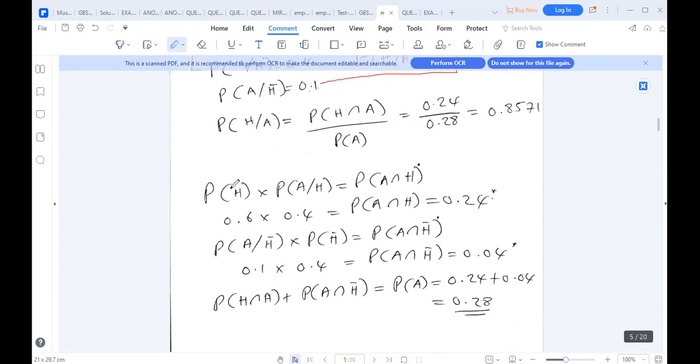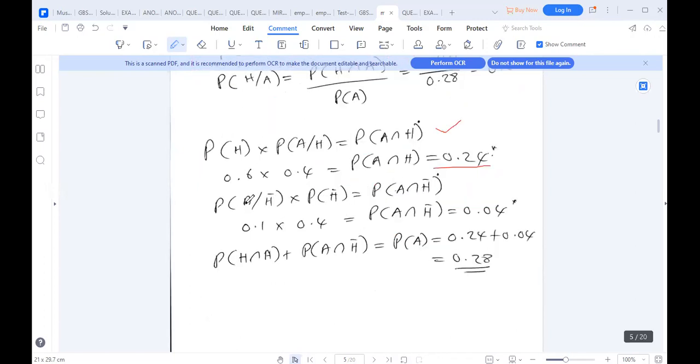So in this case, I multiplied H times A given H to give me the intersection of 0.24. And I also multiply A given H complement times H complement to give me A intersection H complement, which is 0.04. When I add these two, common letter is what? A. So I'll get the probability of A, which is 0.24 plus 0.04, which is 0.28.